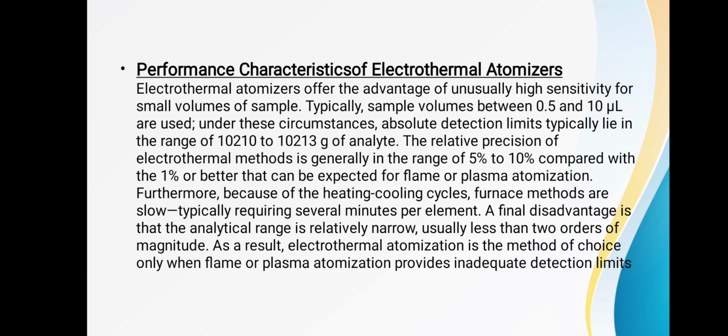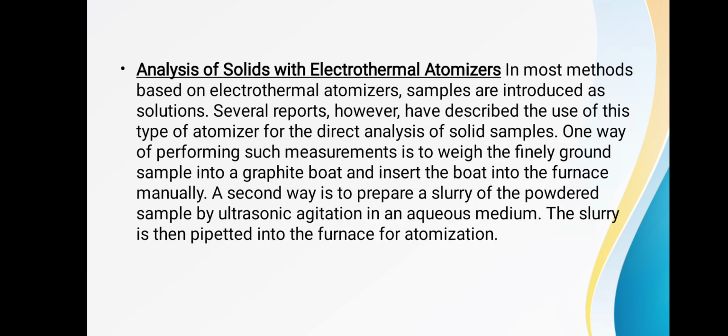The relative precision of electrothermal methods is generally in the range of 5% to 10%, compared with the 1% or better that can be expected for flame or plasma atomization. A final disadvantage is that the analytical range is relatively narrow, usually less than 2 orders of magnitude. As a result, electrothermal atomization is the method of choice only when flame or plasma atomization provides inadequate detection limits.